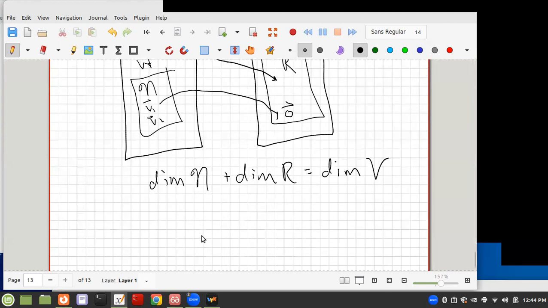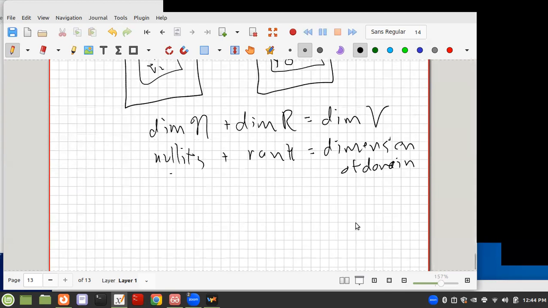Okay, so this is the nullity plus the rank equals the dimension of the domain.